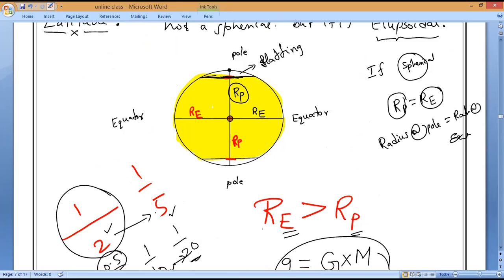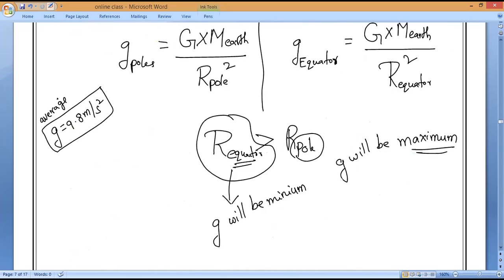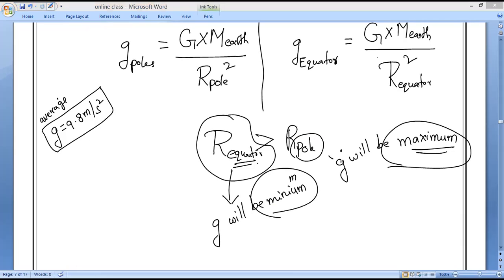So at the equator, g value will be minimum, and at the poles, where the radius is minimum, g value will be maximum. Do you understand, Hari, Akilan, everyone? Arun Kailash?